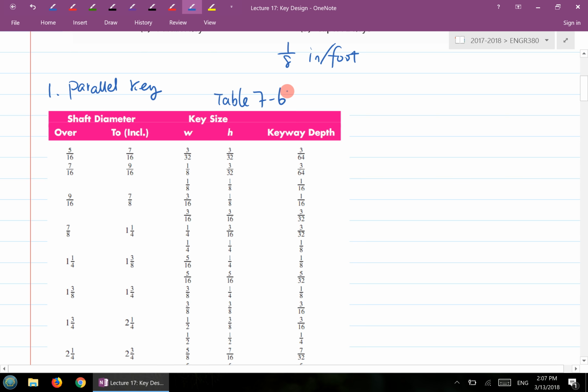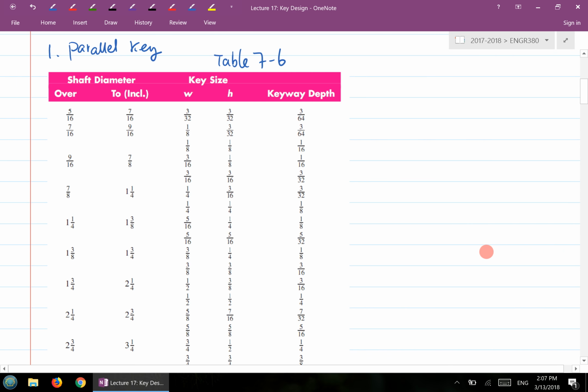What it tells you is, the column on the left side gives you a range of the shaft diameter. So shaft diameter between 7/16 to 9/16, and then it recommends that for the key, the rectangular key or parallel key, the W should be 3/32, and H should be 3/32.